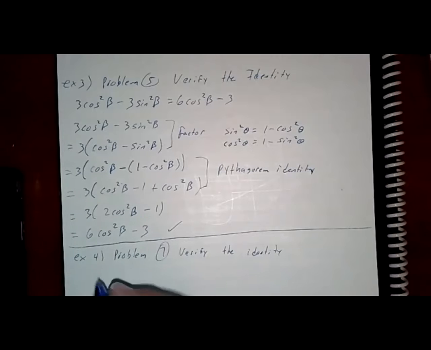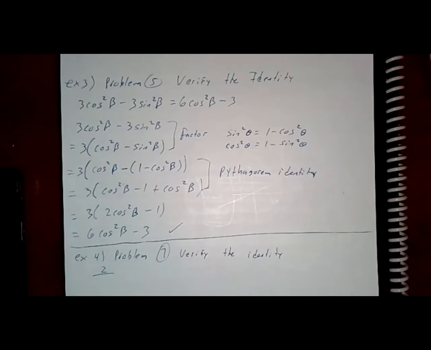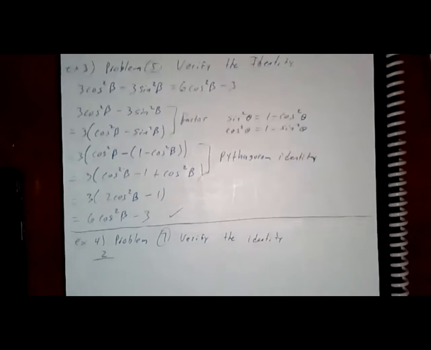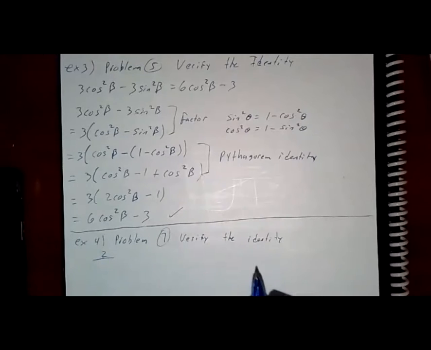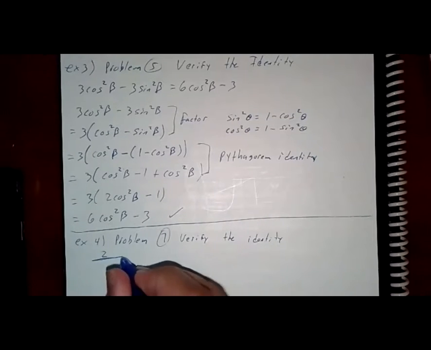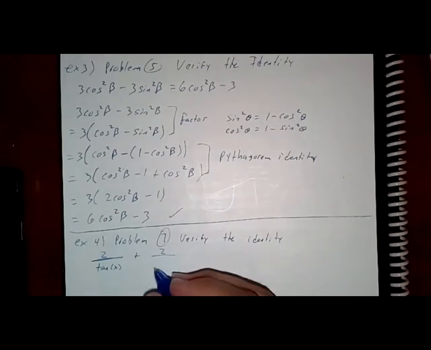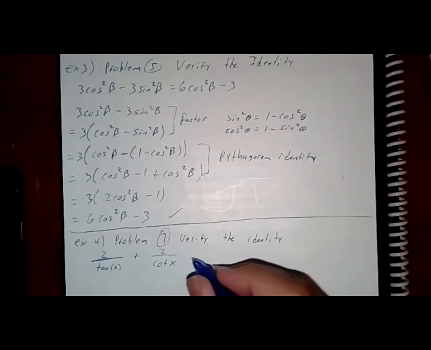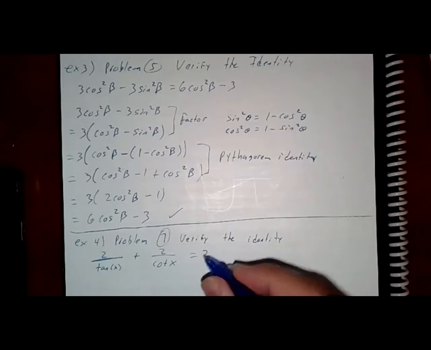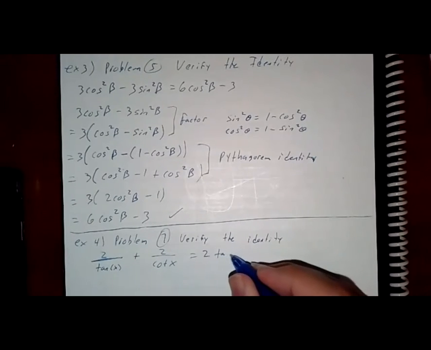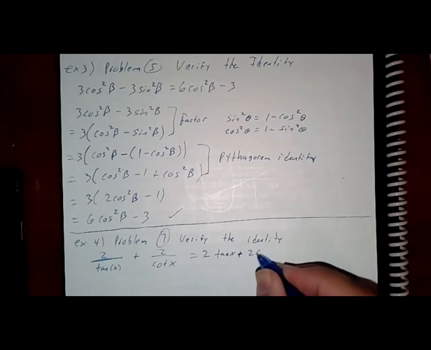Oh, here it is. Found it. Sorry, getting distracted today. 2 over tan x plus 2 over cot x is equal to 2 cot x plus 2 tan x.